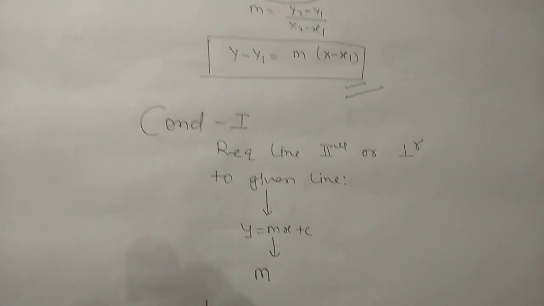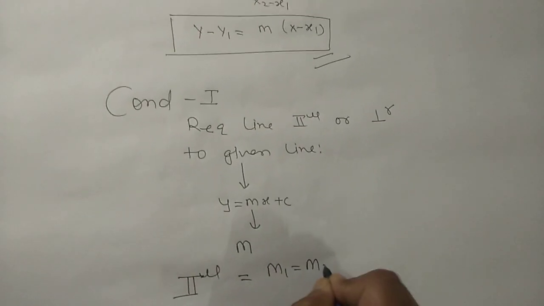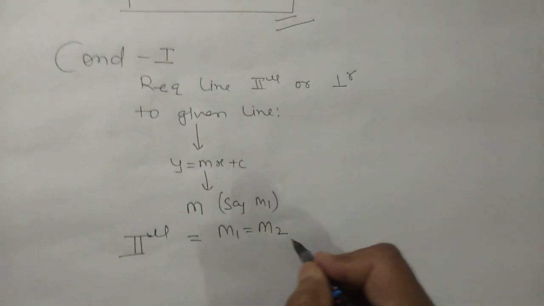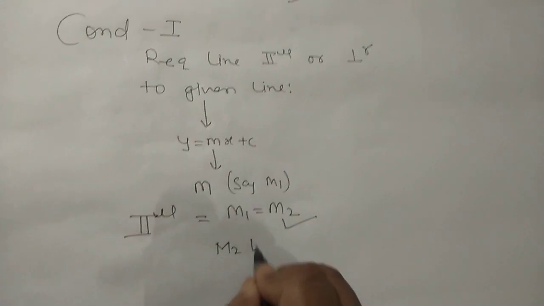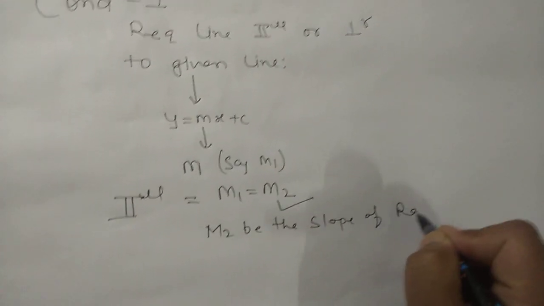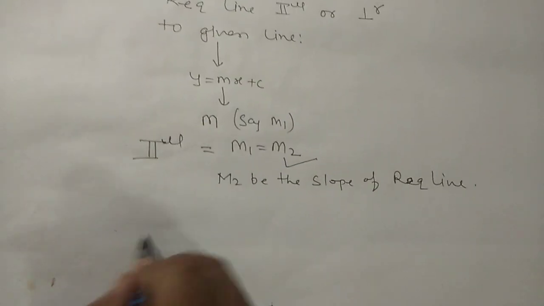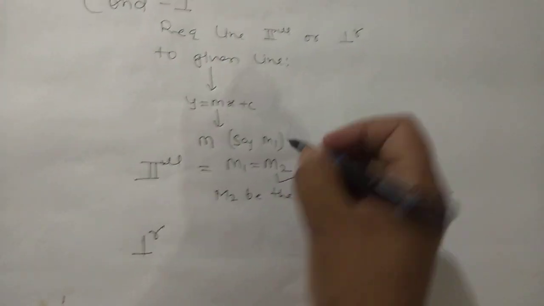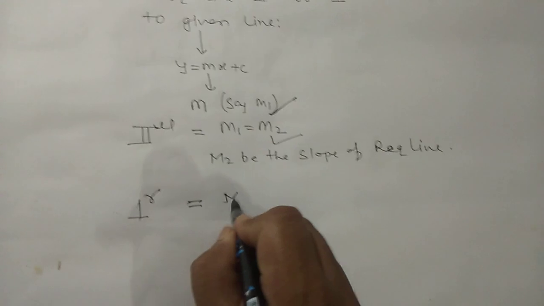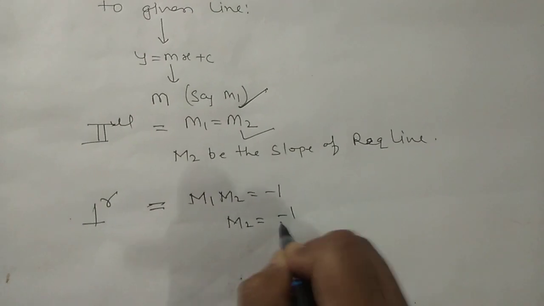Suppose parallel, so m1 is equal to m2, where m2 is the slope of the required line. Then for perpendicular, we already derived m1 m2 equals minus 1, so find m2, which is equal to minus 1 upon m1.